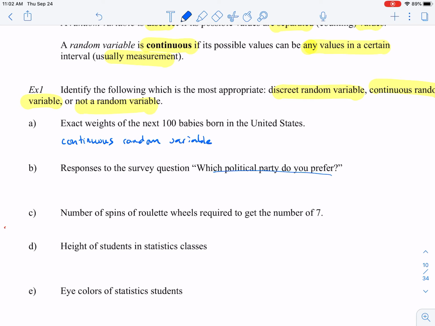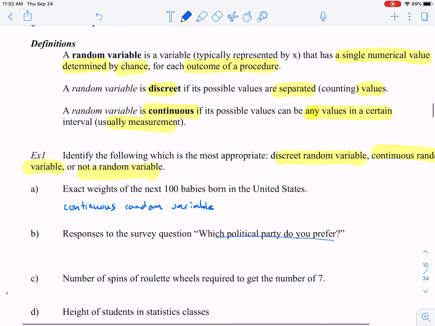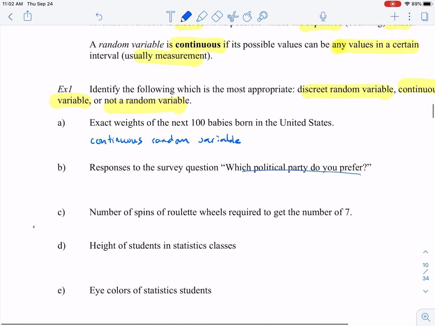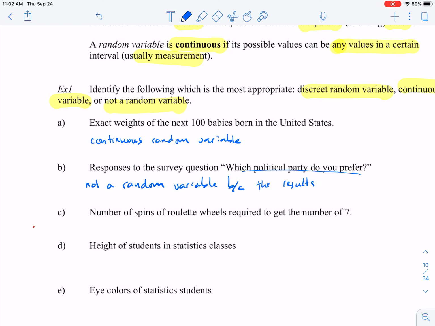So those are named and labeled. In this case, we don't have a random variable because it has to be numerical value. Okay, so we say that not a random variable because the results are not numerical.